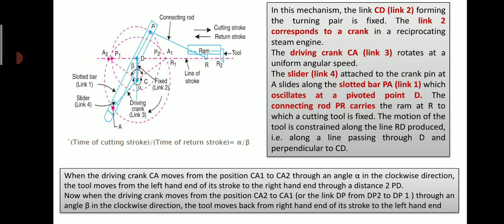When the driving crank CA moves from the position CA1 to CA2 through an angle alpha in the clockwise direction, the tool moves from the left hand end of its stroke to the right hand end through a distance PD. Now when the driving crank moves from the position CA2 to CA1 through an angle beta in the clockwise direction, the tool moves back from the right hand end of its stroke to the left hand end.